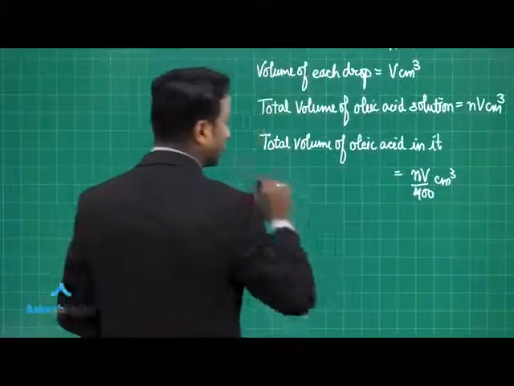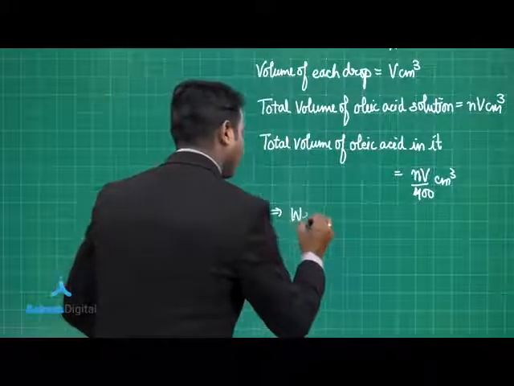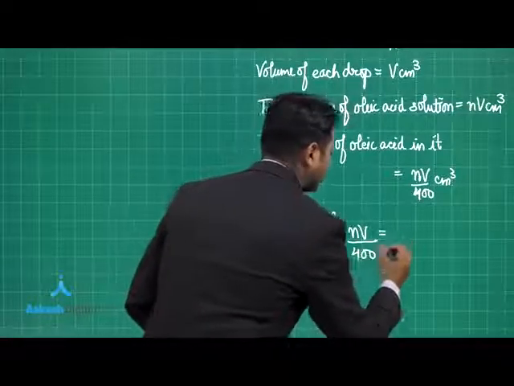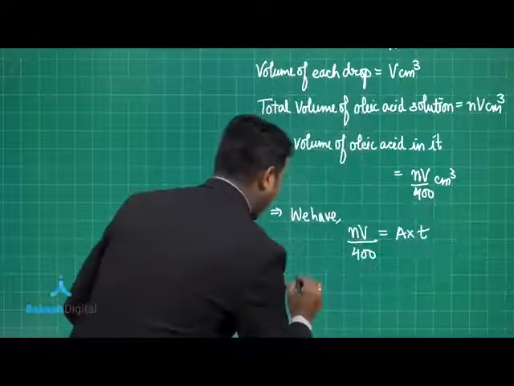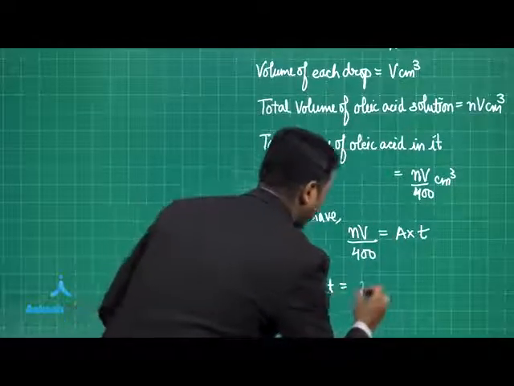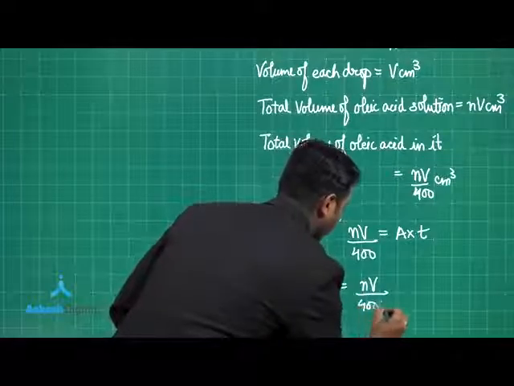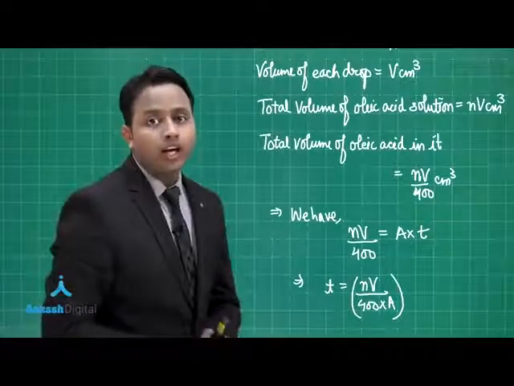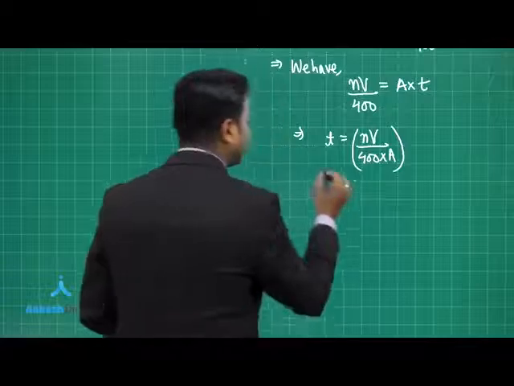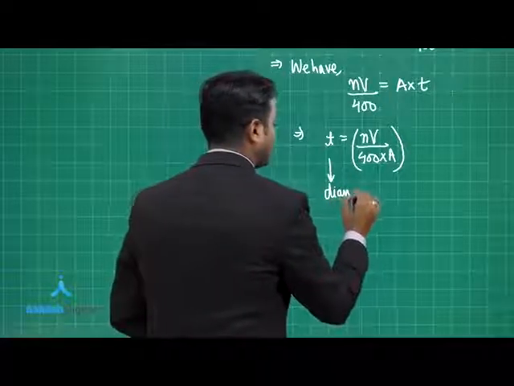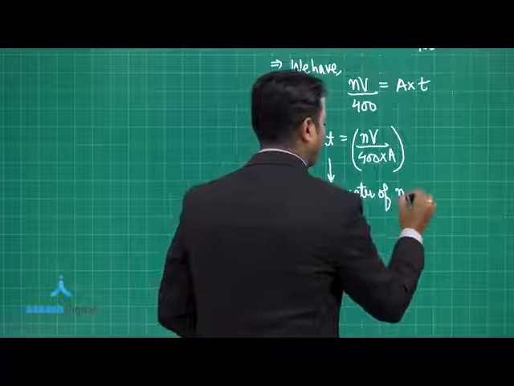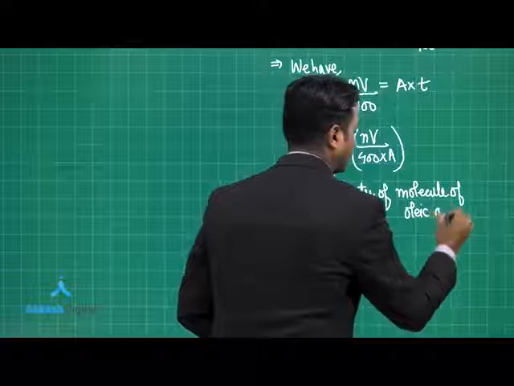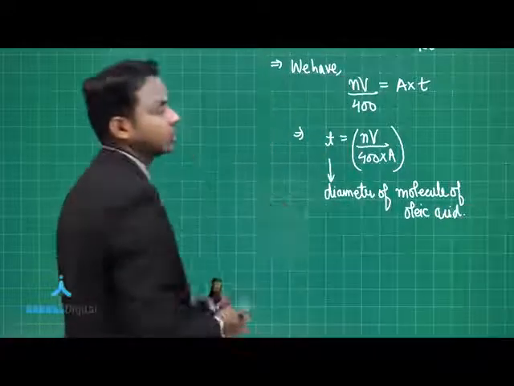So I can write down, we have N capital V by 400 is equal to area into thickness T, and from here the thickness T can be equal to N capital V by 400 into A, and this is the thickness of the sheet that we have for the oleic acid, and that is going to give me the diameter of a molecule of oleic acid. I hope this discussion is very clear to you.